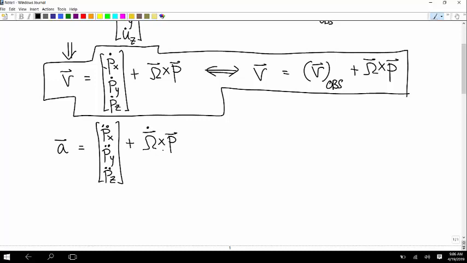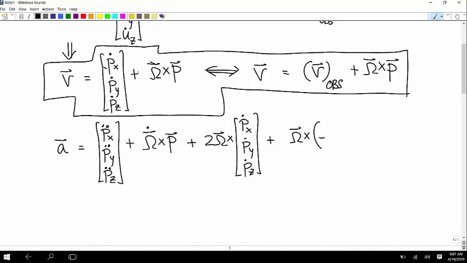That one looks like a term in the watermelon equation. Plus 2 times capital omega crossed with the first time derivatives of the components of the position vector. Plus the next term that looks like a term in the watermelon equation, omega cross the quantity omega cross p.